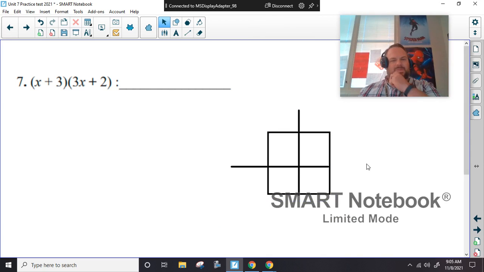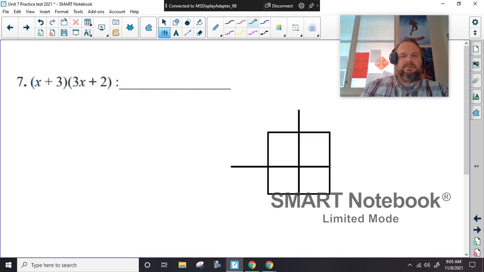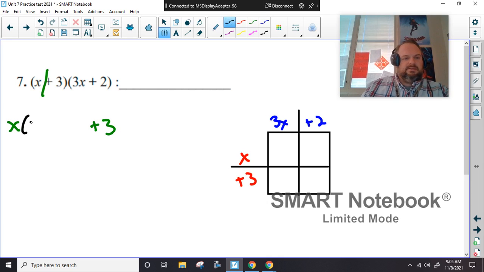All right. So x and then plus 3. If we're setting it up this way, this would be x. This would be plus 3. This would be 3x. This is plus 2. This is 3x plus 2 and plus 2.